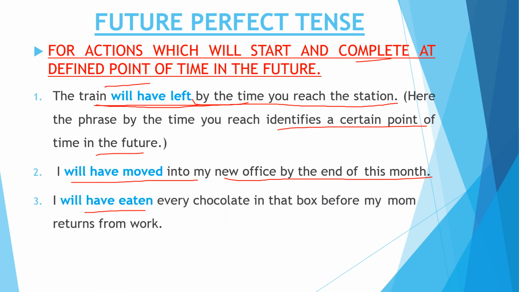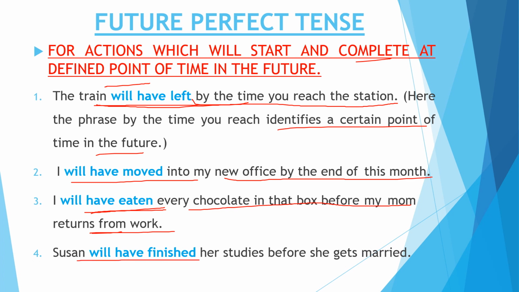I will have eaten every chocolate in that box before my mom returns from work. So he will have eaten all the chocolates before the mother returns from work. Suzanne will have finished her studies before she gets married. So here we can notice that it is used for an action which will start and complete at a defined point of time in the future.